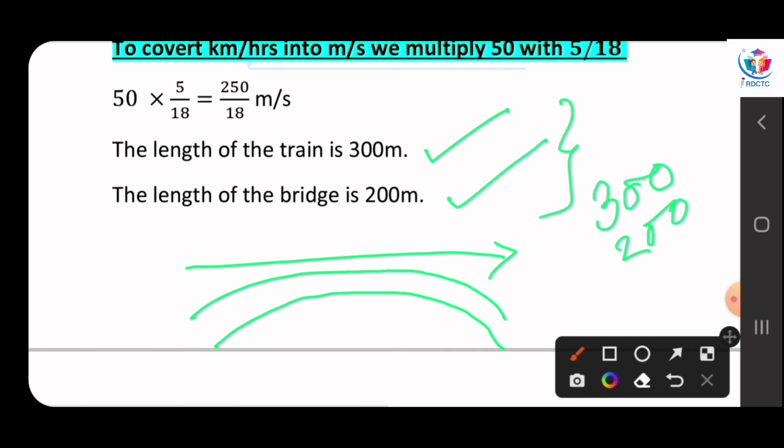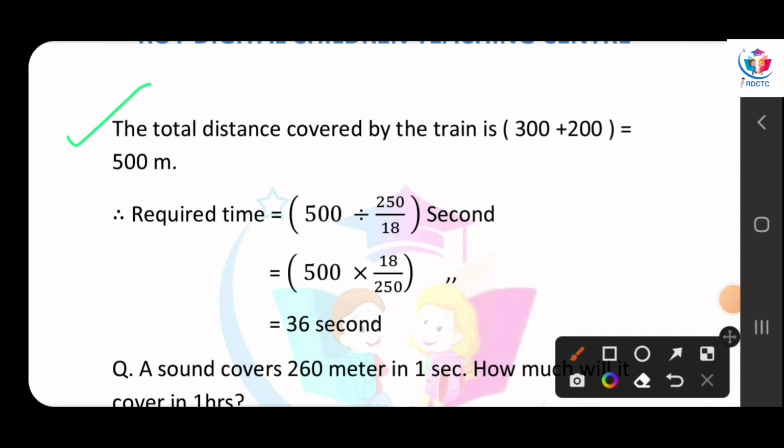That is why here we have to add the two lengths and we get 500 meter. The total distance covered by the train is 300 plus 200 equals 500. And the required time is 500 divided by 250 by 18 seconds.